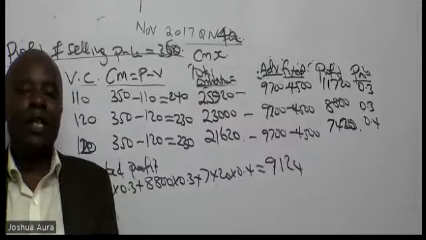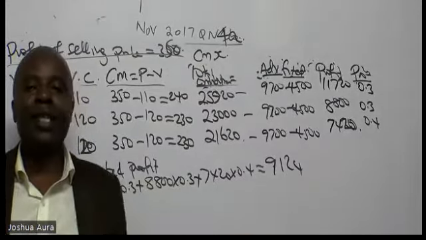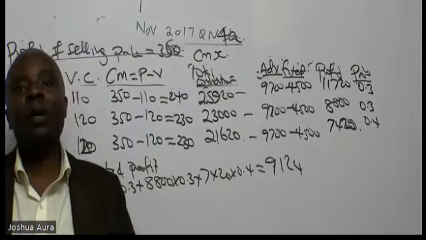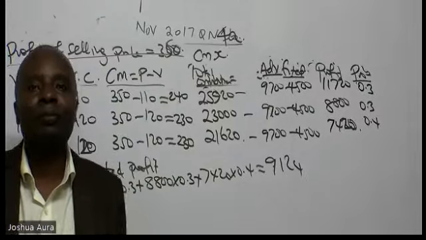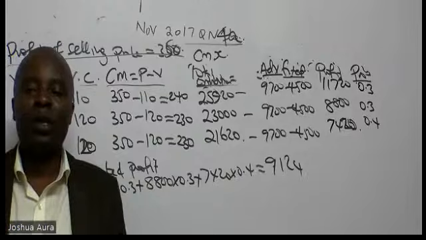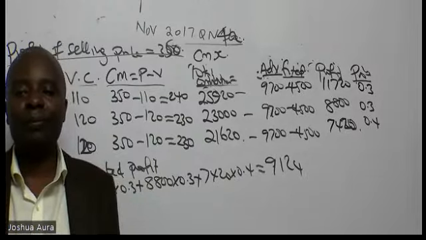So 350 is the one that yields this higher profit, and therefore we recommend the Kenya shillings 350 to be the optimal price. You get all the marks, and then you go to the next level. You say bye-bye to these papers.